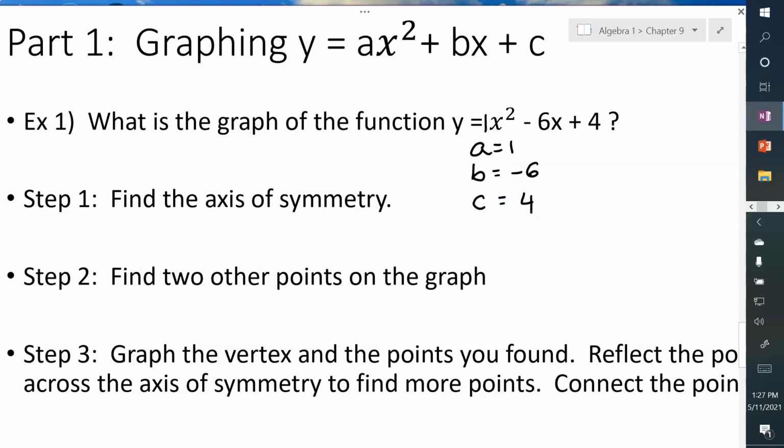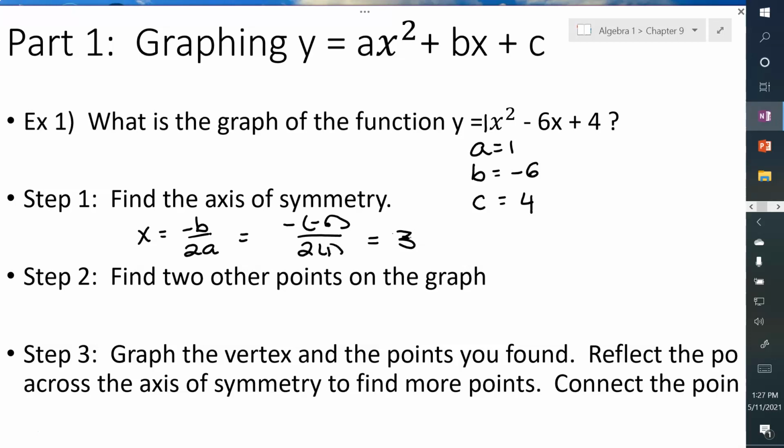So my axis of symmetry is going to be x equals negative b over 2a. So then plug that in. Negative of negative 6 over 2 times 1. That's going to give me 3. So my axis of symmetry is going to go through x equals 3.